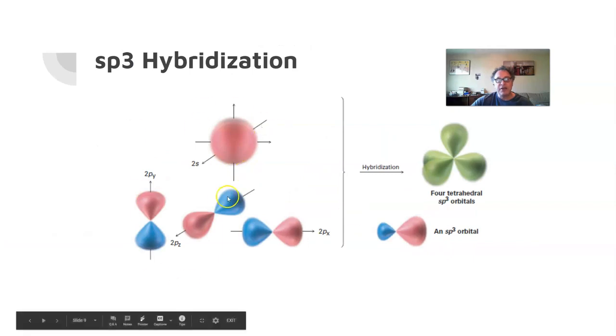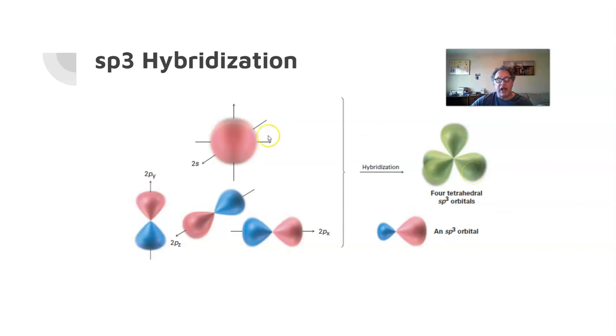And out of this mix, out of 4 atomic orbitals, we get 4 identical, degenerate sp3 orbitals that point to the vertices or corners of a tetrahedron, which also explains why carbon with 4 bonds is tetrahedral.